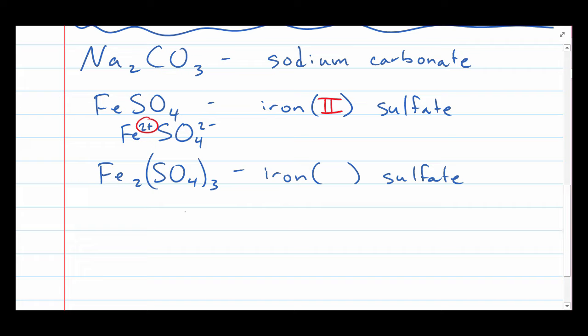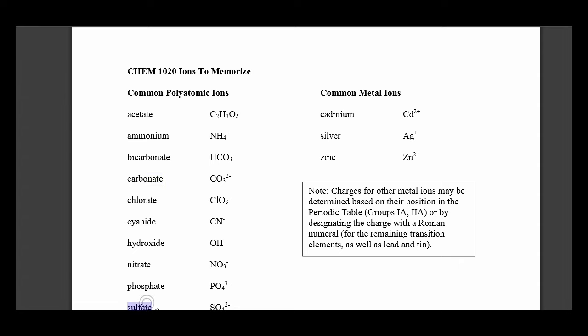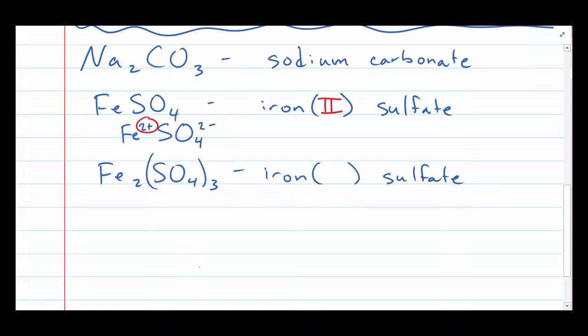And in the next one, remember, sulfate will always have a charge of 2 negative. So its formula is SO4 with a 2 negative charge. But now, we look at the formula. How many sulfate ions do we have? 3. And each of those sulfates will have a charge of 2 negative.